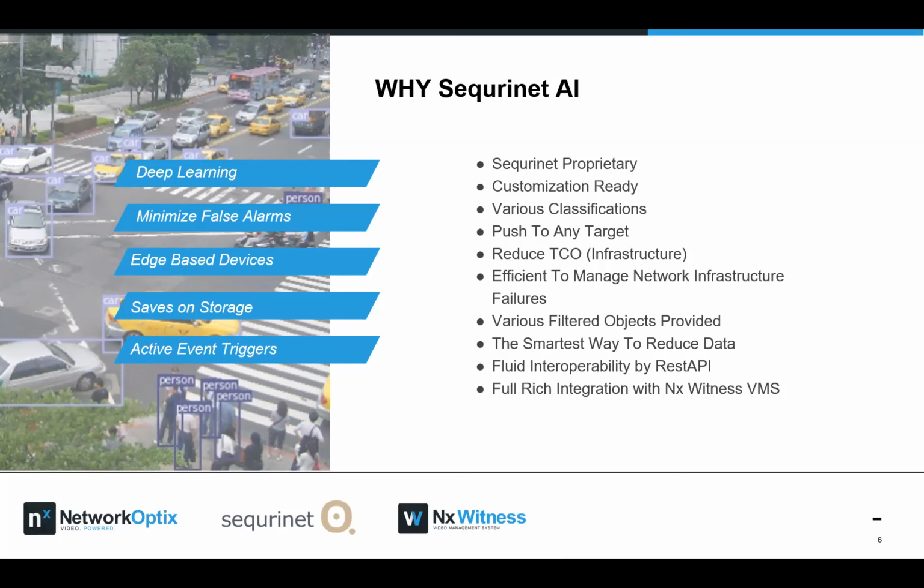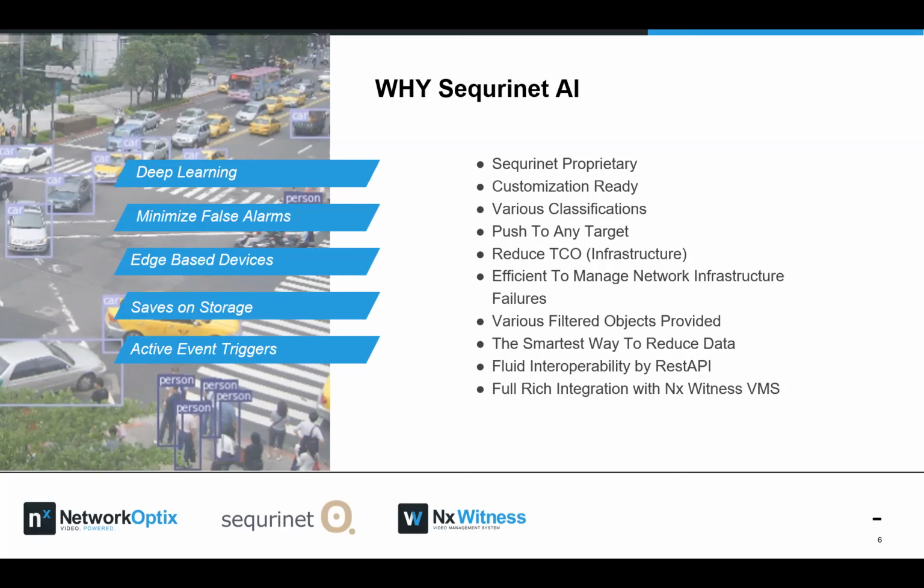Other points maybe to bring up, most probably the way that we do our analytics reduces your total cost of ownership of the system, especially towards infrastructure and infrastructure failures. Like I said, it's a smart way to reduce data, and James referred to the last 2 points already.